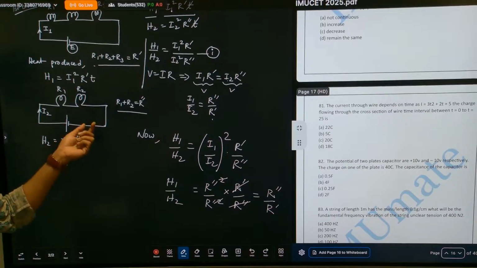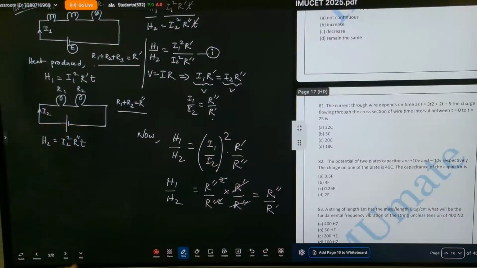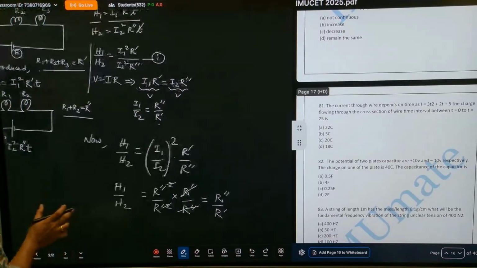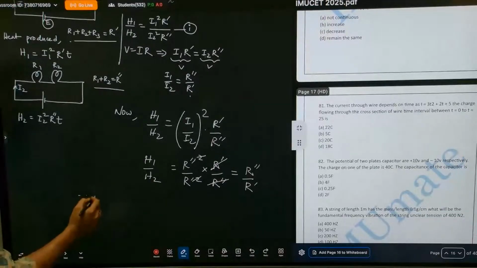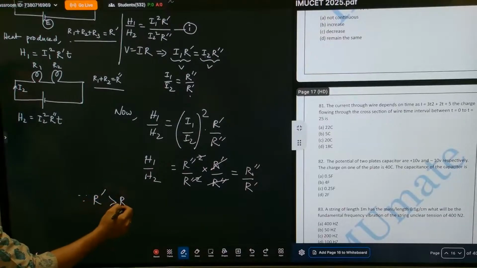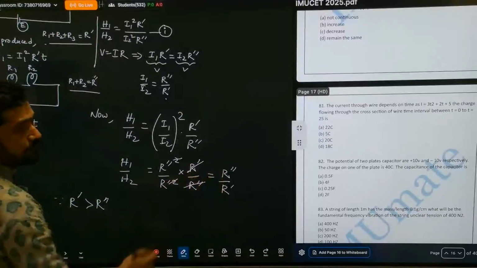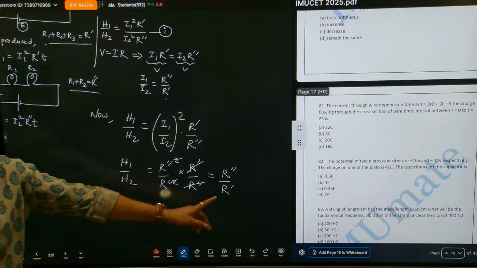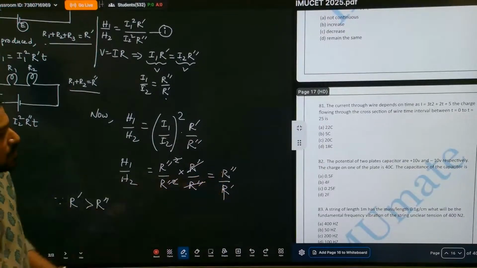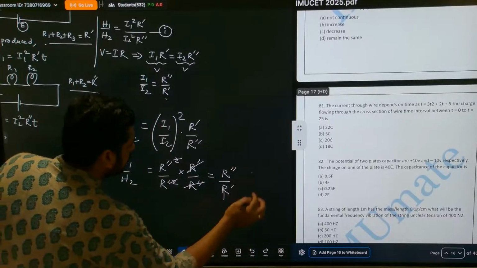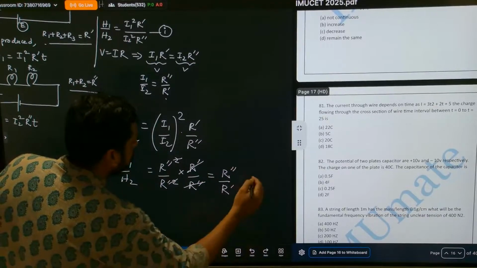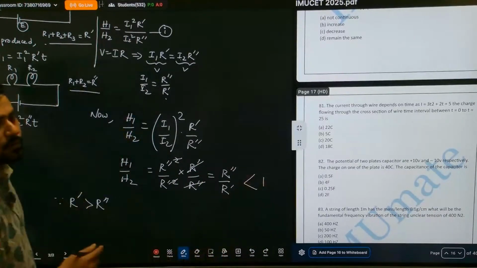If one bulb got fused, it will be lesser. So R dash is greater than R double dash. Now look at this. Which one is greater? R dash is greater than R double dash. It means this would be less than 1.